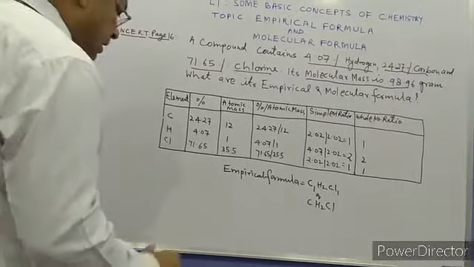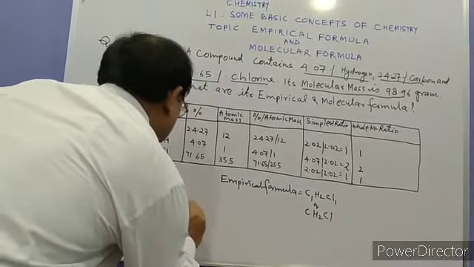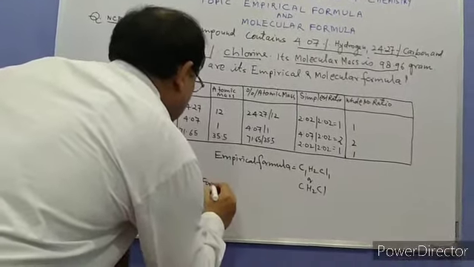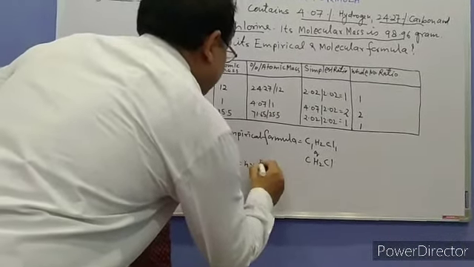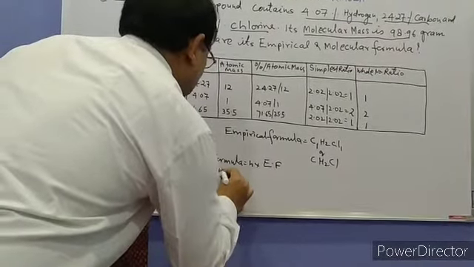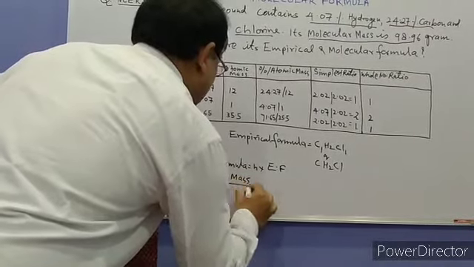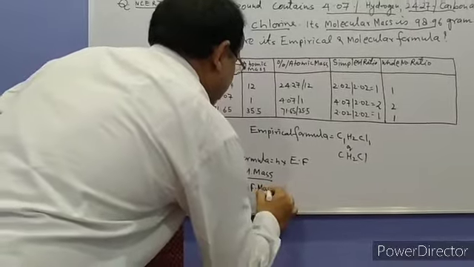Now we have to find out the molecular formula. Molecular formula equals N into empirical formula. N equals molecular mass upon empirical formula mass.